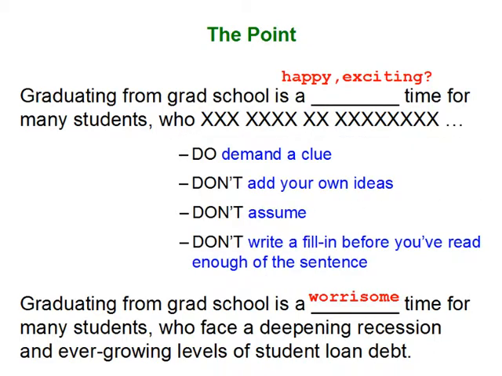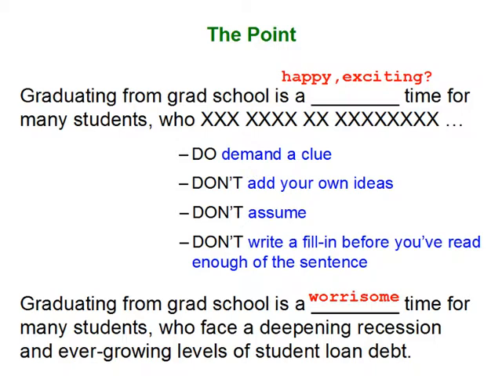So just another review of those four do's and don'ts there. Demand the clue. Notice that in the first instance, graduating from grad school is a blank time for many students. There is no clue. If that sentence ended at the comma, there's no clue there. There's nothing to give it specific meaning. It could be any kind of time for any kind of student.